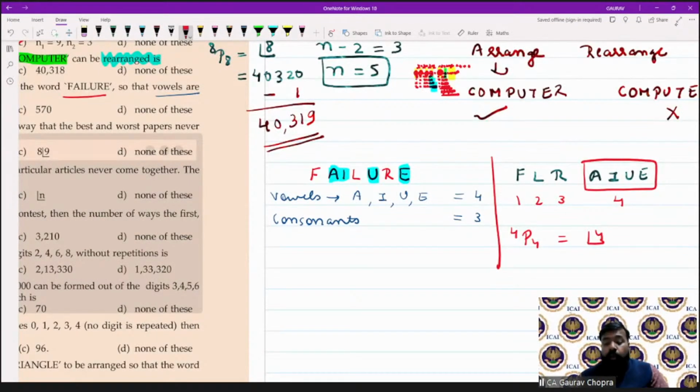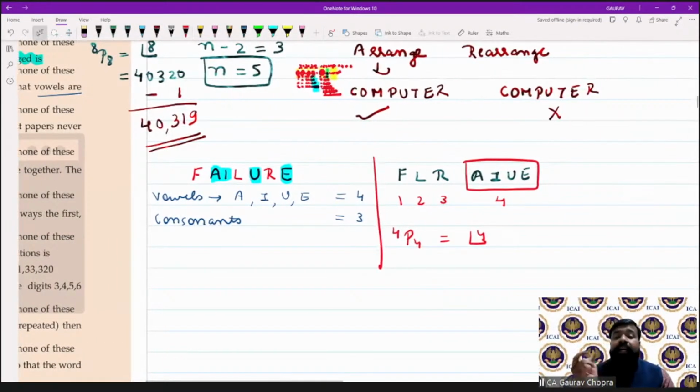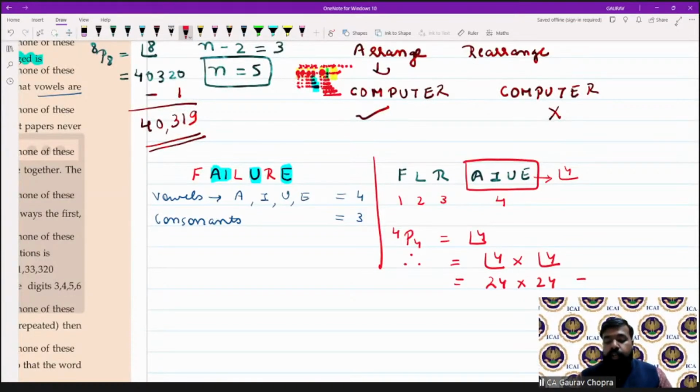Now, can we arrange AIUE in between? AIUE को क्या हम आपस में arrange कर सकते हैं? Yes. All these can be interchanged among themselves in factorial 4 ways. So here also factorial 4. Therefore, total number of ways will be factorial 4 multiplied by factorial 4. So 24 into 24, it becomes 576.